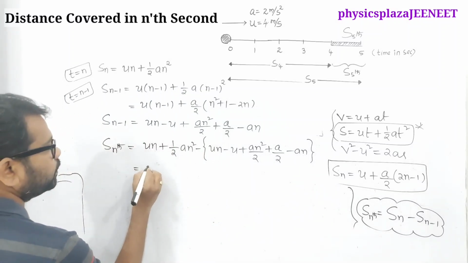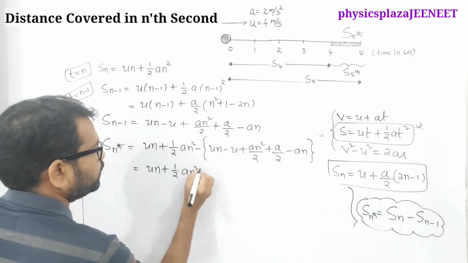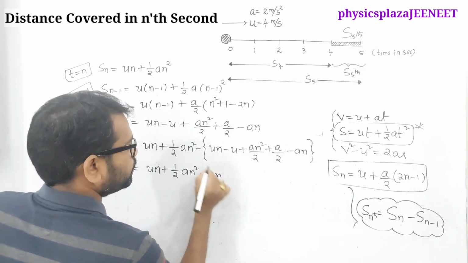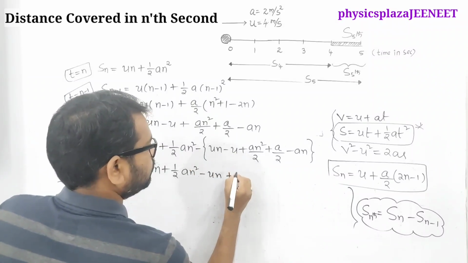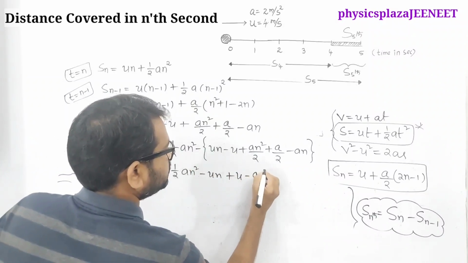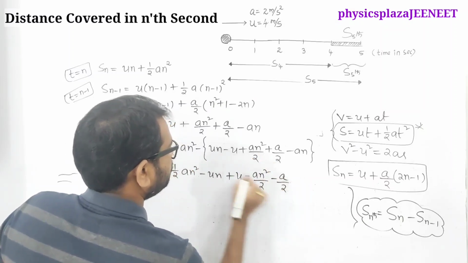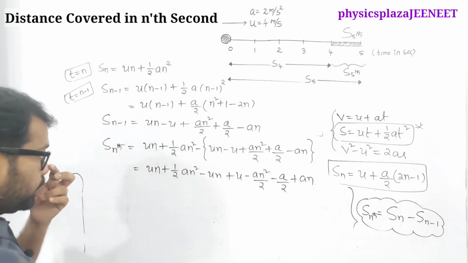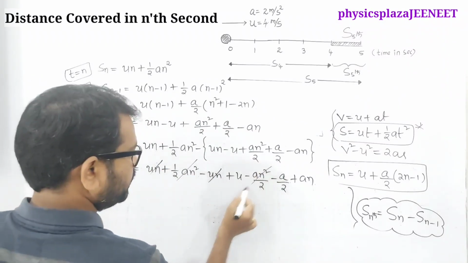Now here un plus half a n square, multiply each and every term with a minus. So it's minus un, minus into minus plus, minus into plus, minus a n square by 2, minus into plus, minus a by 2, minus into minus, plus a n. So if you can see, un cancels, a n square by 2, a n square by 2 cancel.